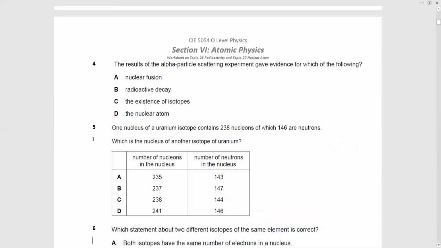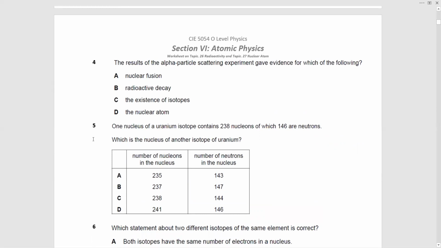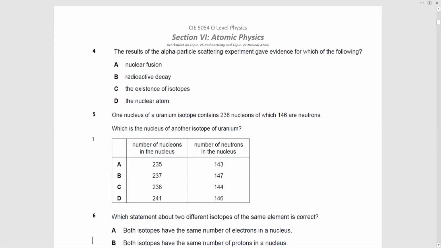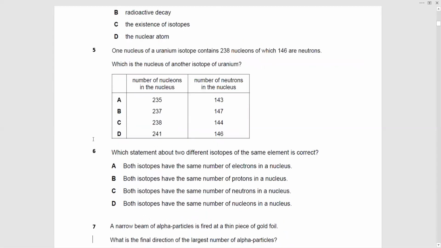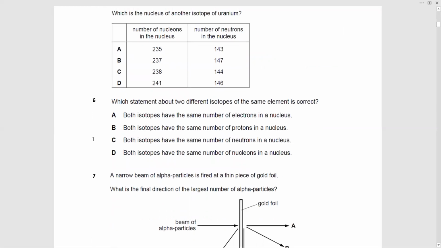And then five. So this one is C. How? So it's A. A is correct. Six.